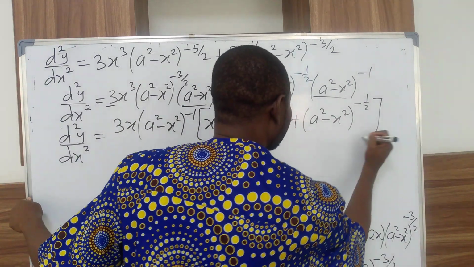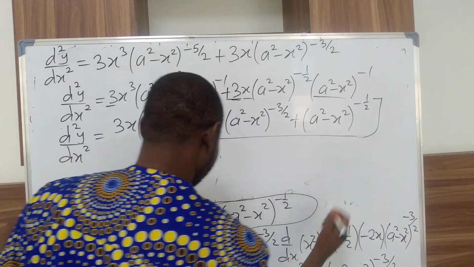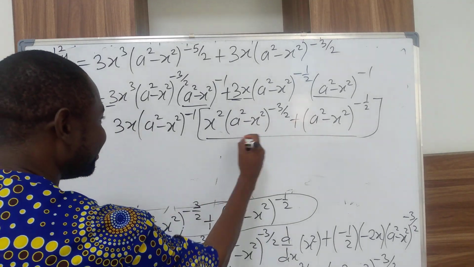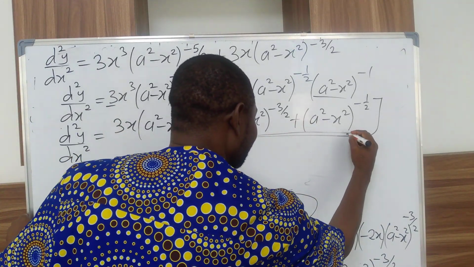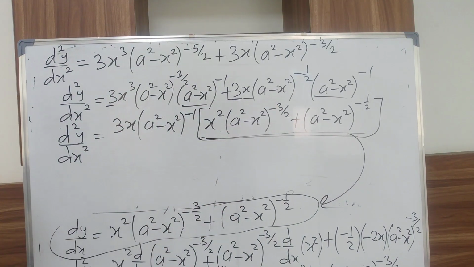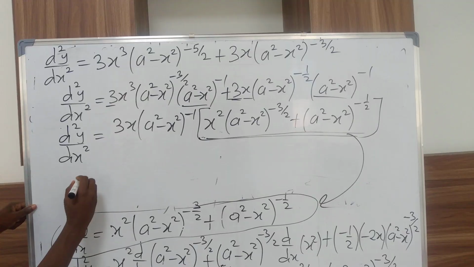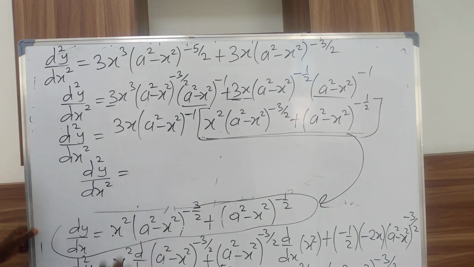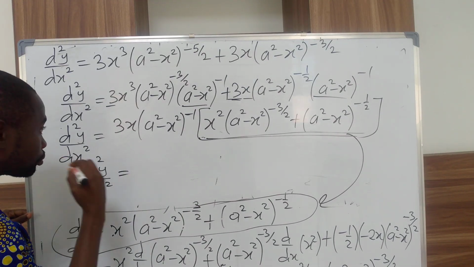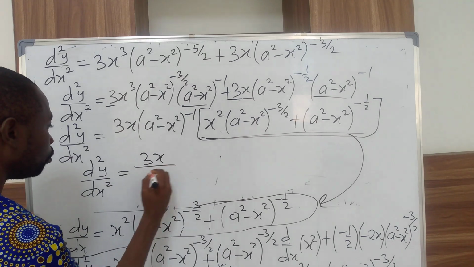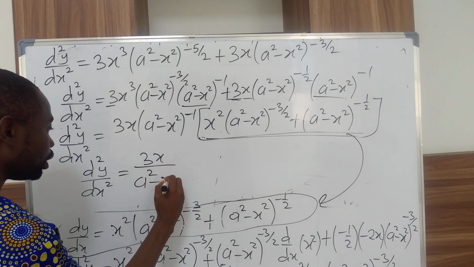So if you look at it very well, this is the same thing as this. This is the same thing as this. So I brought out the dy/dx inside here. So I'm going to have d squared y over dx squared is equal to 3x, this one can come down over a squared minus x squared.